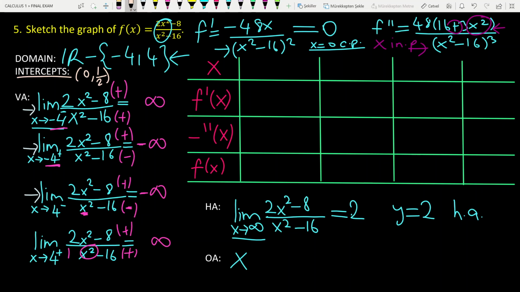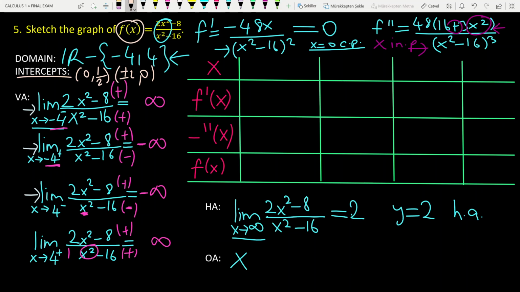If f is 0, then x is plus minus 2. So we have 3 intercepts, 3 intersection points for this function.